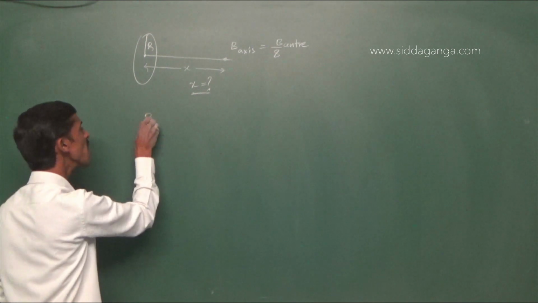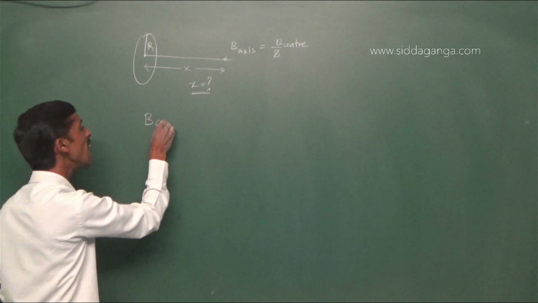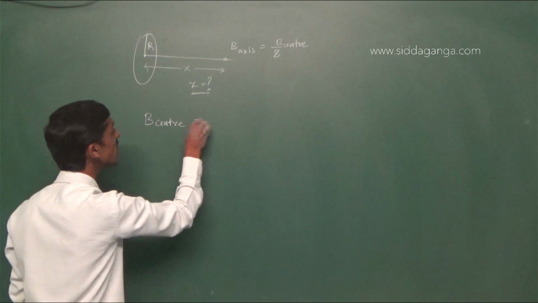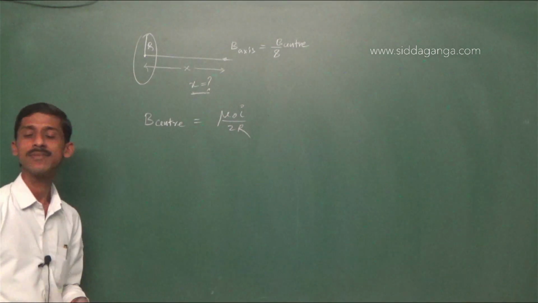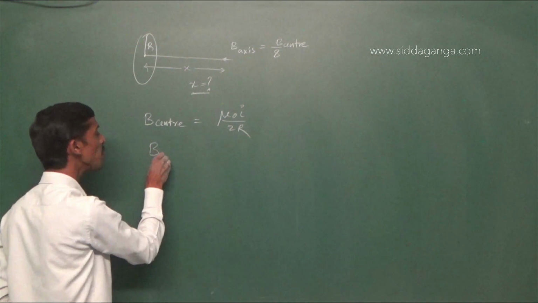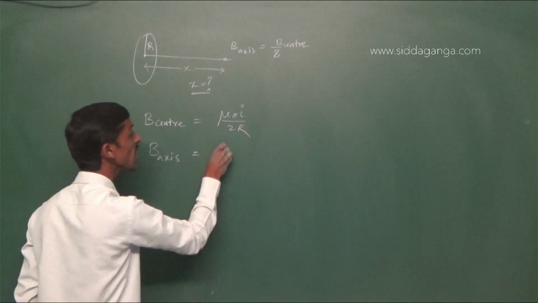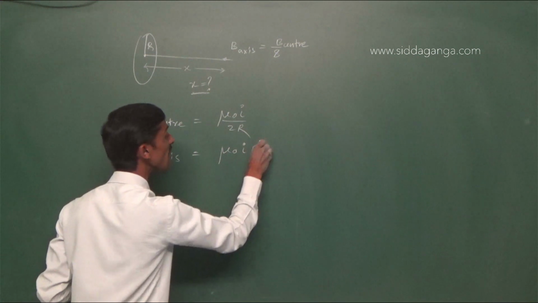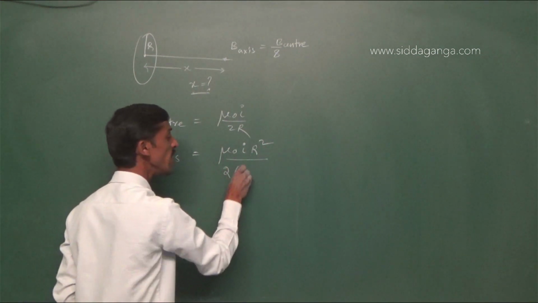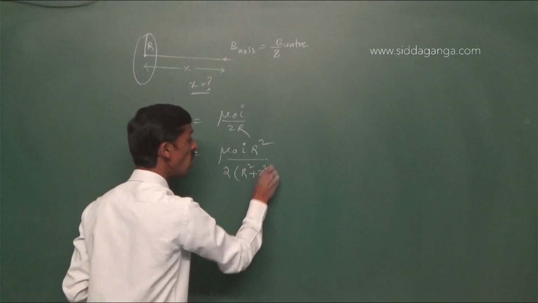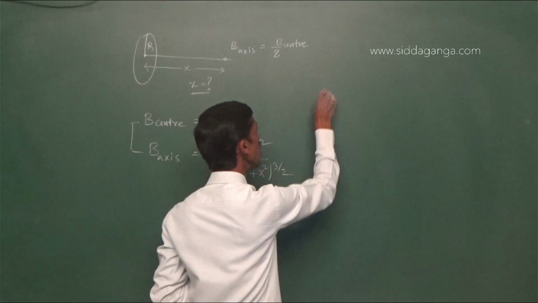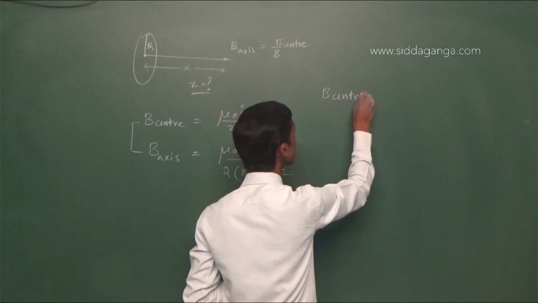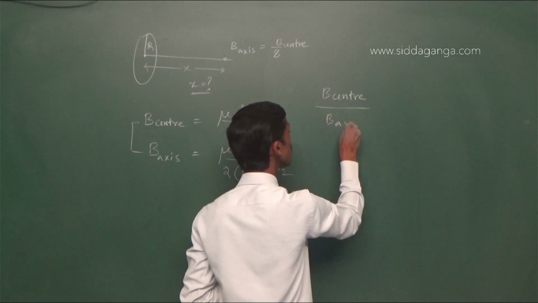For that, look: the magnetic field at the center of a circular coil of radius r, the formula is μ0I/2r. What is the magnetic field at a point on the axis of the circular coil? μ0I r² divided by 2 into (r² plus x²) whole to the power of 3/2. So we shall take the ratio of the magnetic field at the center to that at a point on the axis.